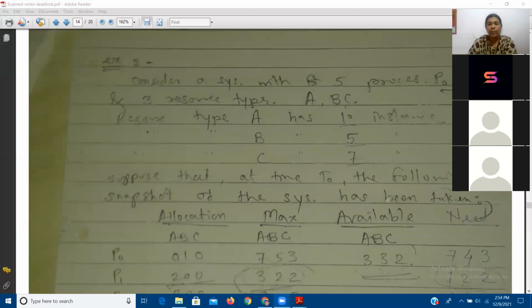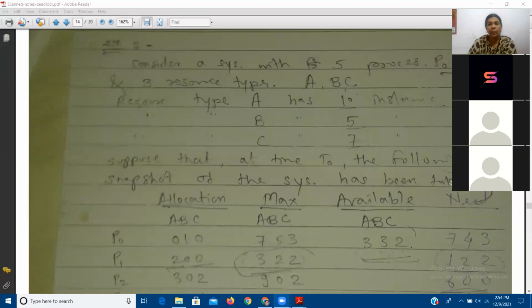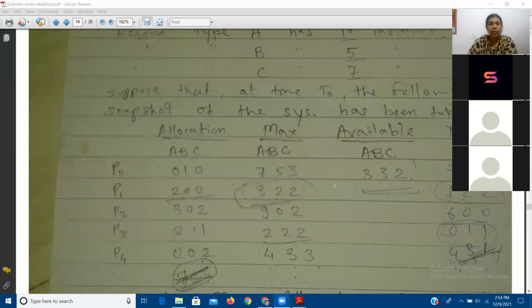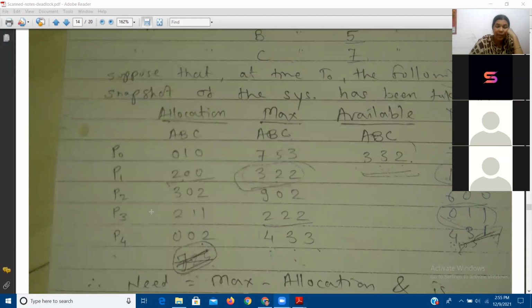Suppose that at time T0 the following snapshot of the system has been taken. Allocation with respect to P0 to P4 is given. Max is also given and Available is also given. From allocation and max you have to calculate need. All of you listen carefully. This is the snapshot of the system at a particular moment.